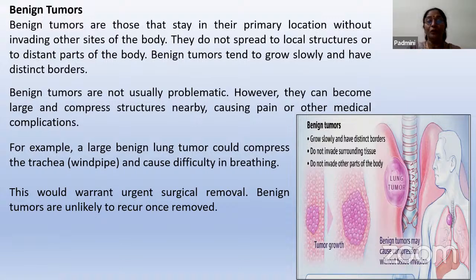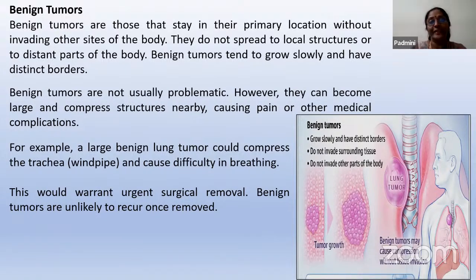That is what I'm telling you: you are not going to get tensed up when you hear the word tumor, because you have to understand whether it is a benign tumor or a malignant tumor. Here we are talking about benign tumors. The first thing I said is that they stay at the primary location. They're not going to move from that place, and they have a proper boundary wall which does not allow them to move anywhere from the point of origin. Only when it is problematic does it have to be removed. Otherwise, there is no problem at all.